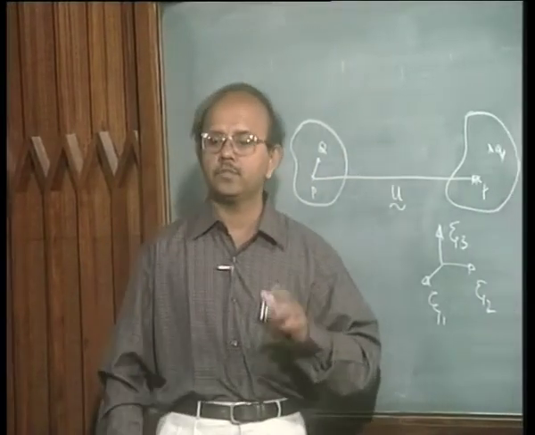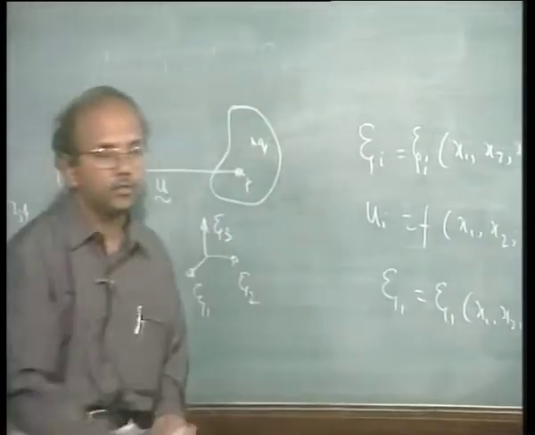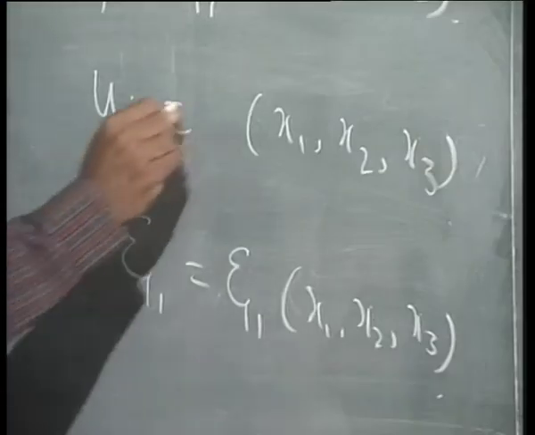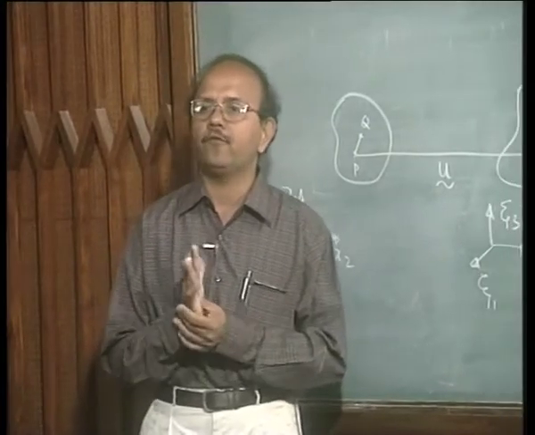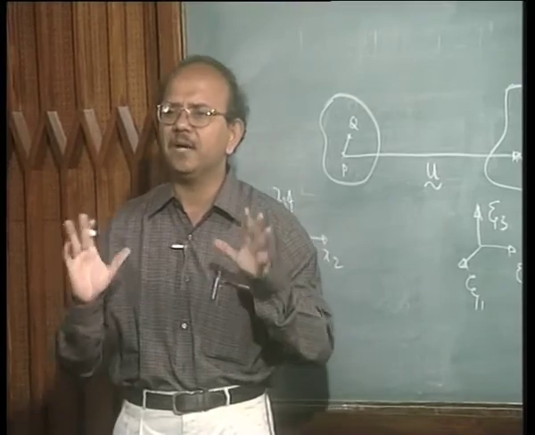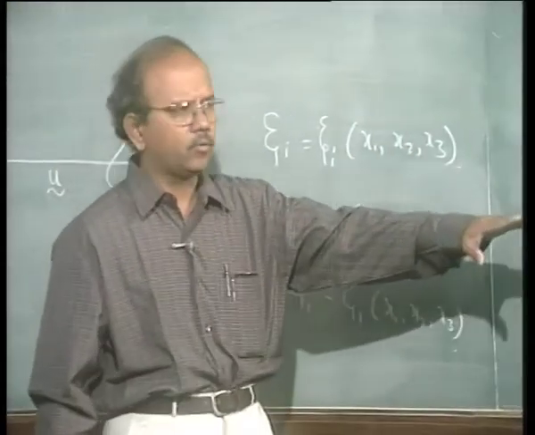This is what most of the solid mechanics textbooks would follow. Both the symbols would be the same, so here also we will put u i. Now, what is it that I have to get? I have to find out the change in length. I do not want to leave my tradition.